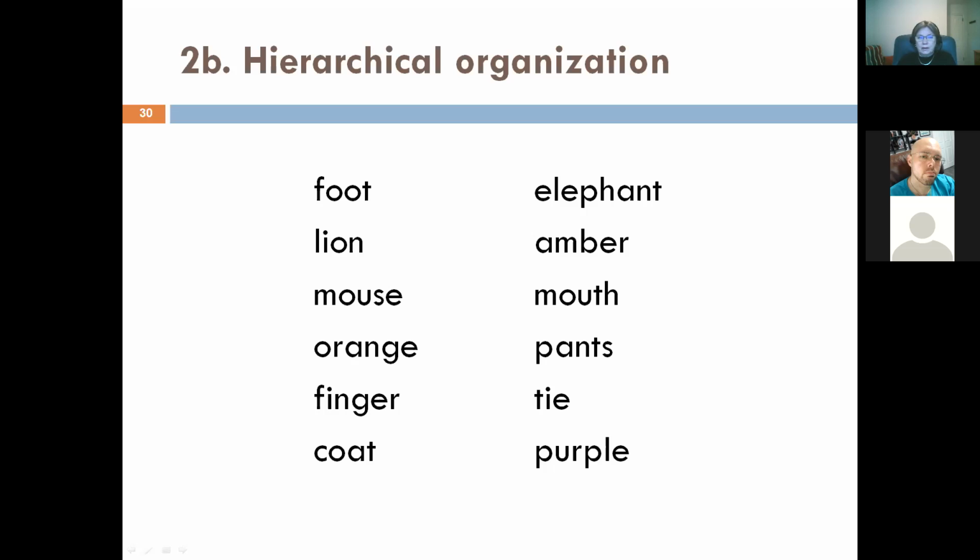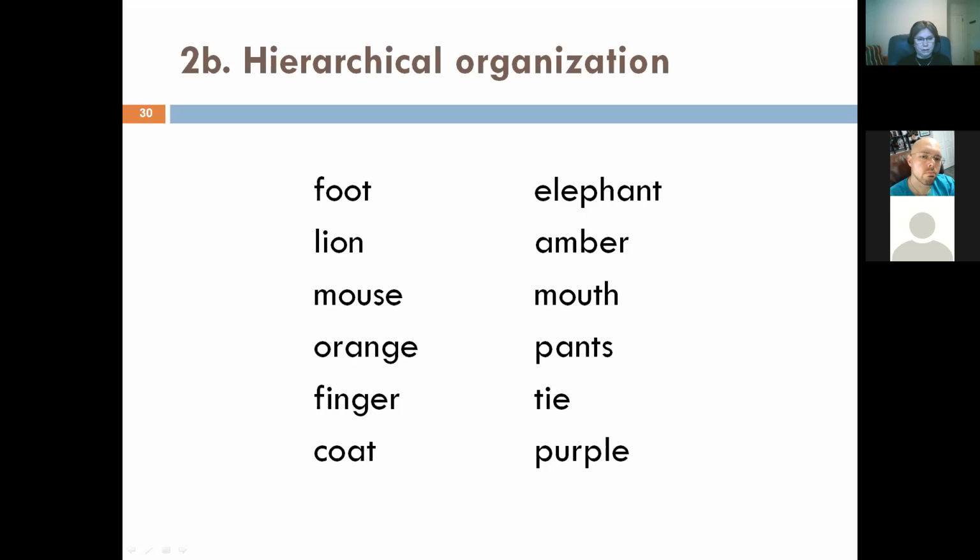So you would say, these are my new 12 words. I have to remember them. What if I remember them as animals? So we will have lion, mouse, an elephant as one category. Then we will think about colors. So we will have orange, amber, purple, right? Then we will have body parts.